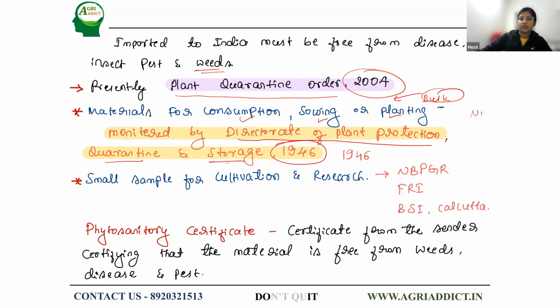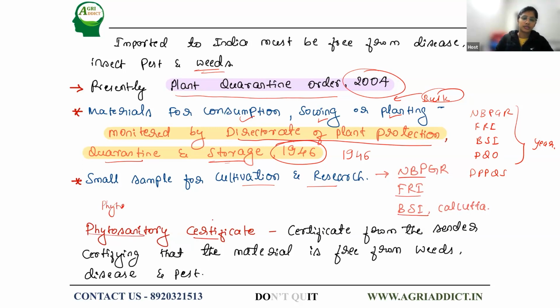In this, you have to remember NBPGR, FRI, Botanical Survey of India, and Plant Quarantine Order, Directorate of Plant Protection, Quarantine and Storage. These are all important, and their years. So you have to remember. If it is a small sample for any cultivation or research purpose, it will be routed through NBPGR, FRI, and Botanical Survey of India. So what do you mean by phytosanitary certificate?